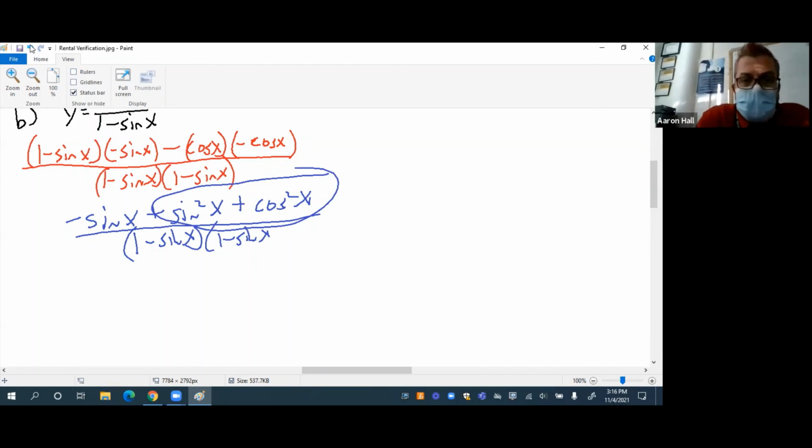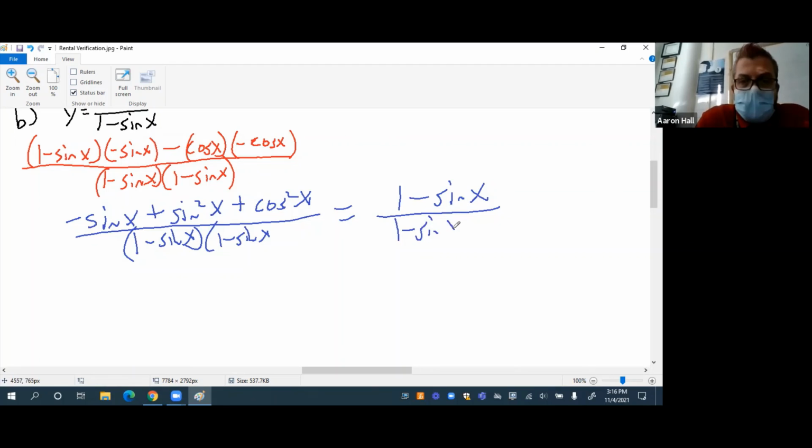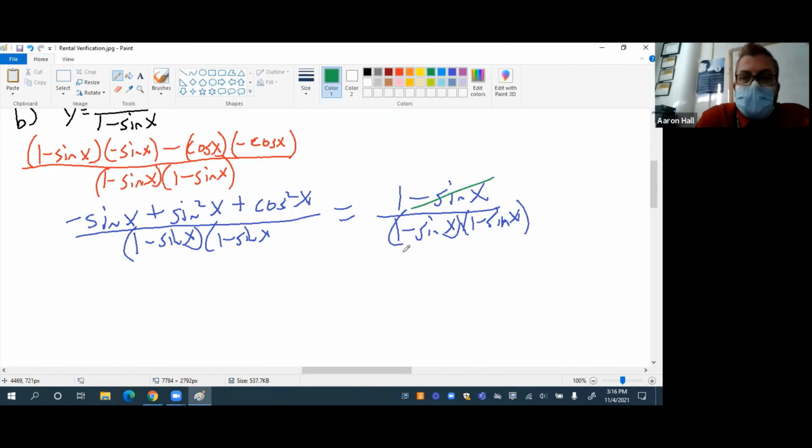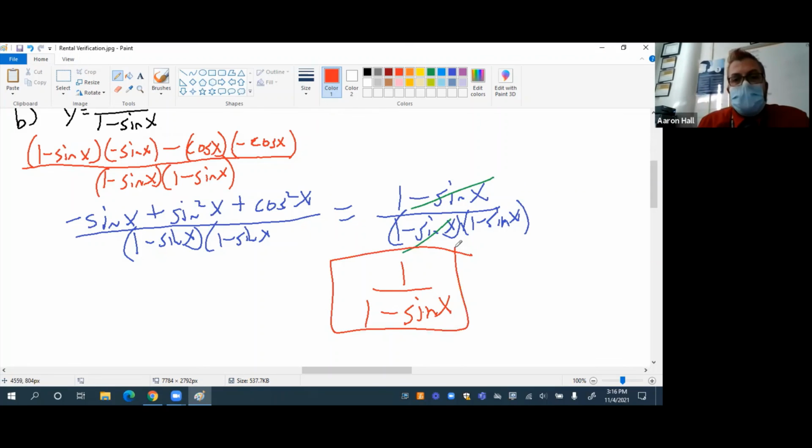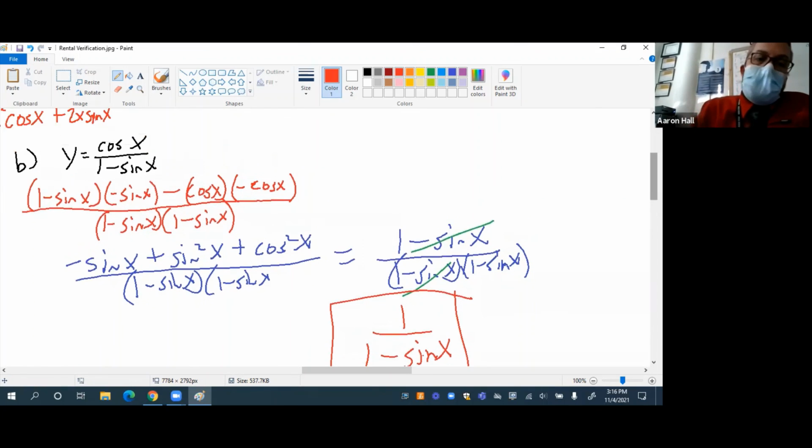So that gives me 1 minus sine of x over 1 minus sine of x times 1 minus sine of x. You can cancel. What's in the numerator right now? 1. So I have 1 over 1 minus sine of x. Yes, that is simplified enough. If it's free response, I want you to stop here.